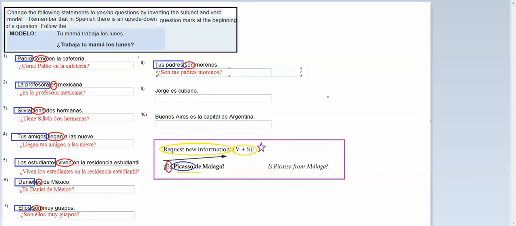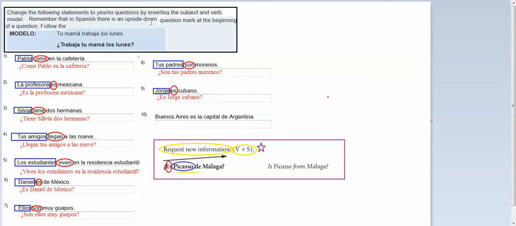Okay. Then I go back and I want to get my verb, which is, my subject, Jorge. And then if I want to write my question that requests new information, my upside down question mark, my verb, my subject, and the rest of my sentence, and the right side up question mark.